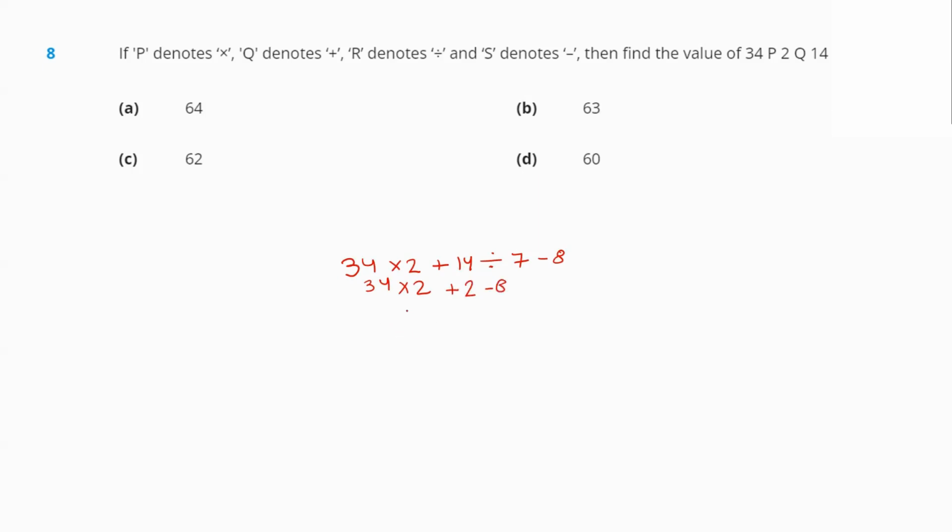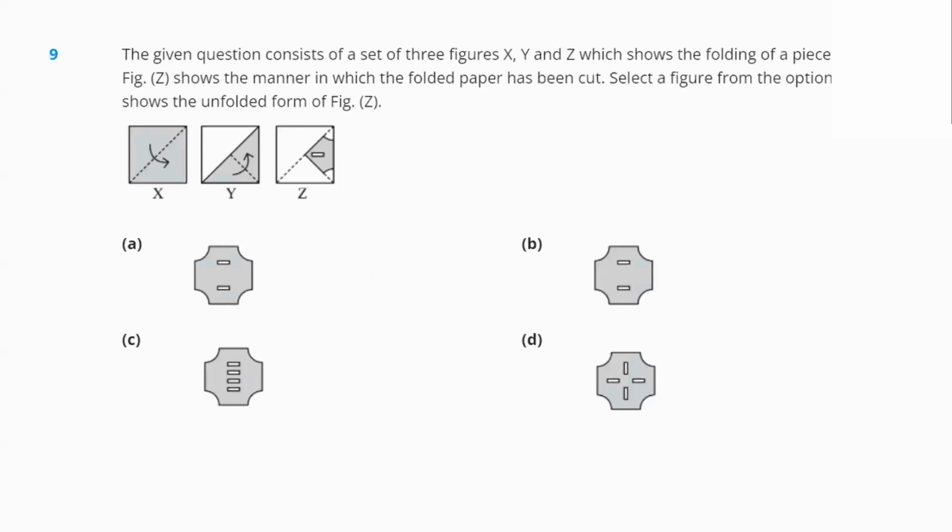If we multiply it, it will be 68 minus 6. Our answer will be 62. So our correct answer will be option number C. Moving on to the next question.